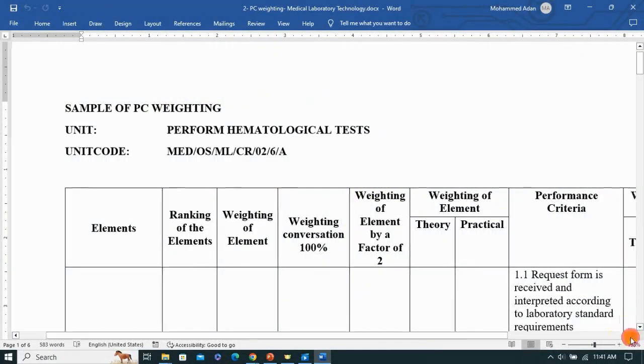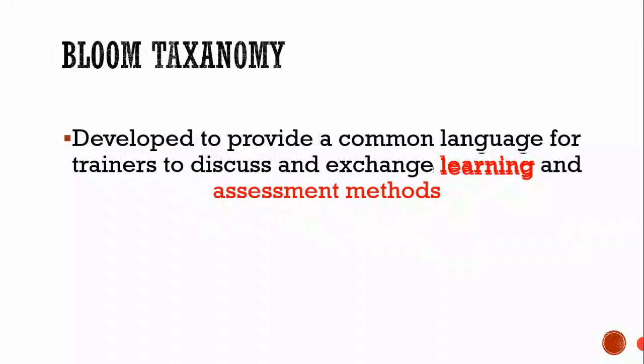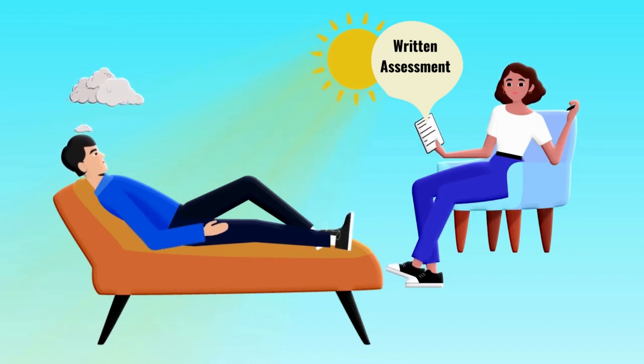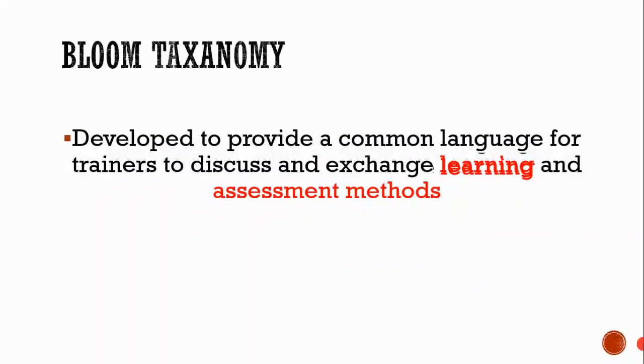And you have reached a point where we now need to develop written assessments. So today I want us to focus on some nitty-gritty about written assessments when it comes to assessing learning outcomes.